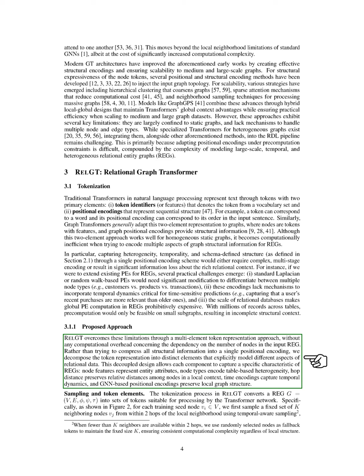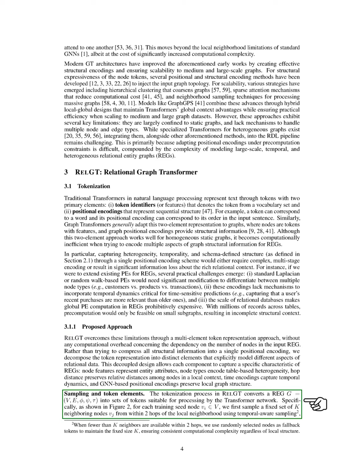This design allows each component to capture specific characteristics. Node features represent entity attributes. Node types encode table-based heterogeneity. Hop distance maintains relative distances among nodes. Time encodings reflect temporal dynamics, and GNN-based positional encodings preserve local graph structure.